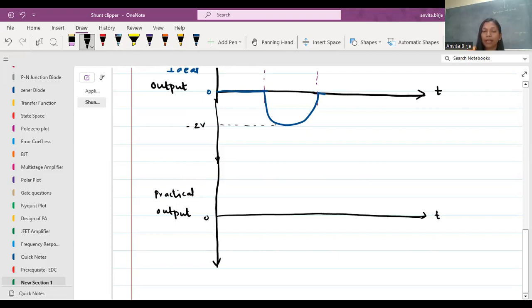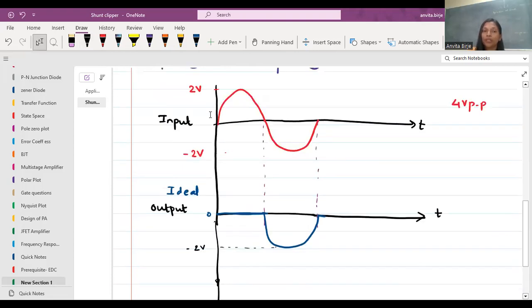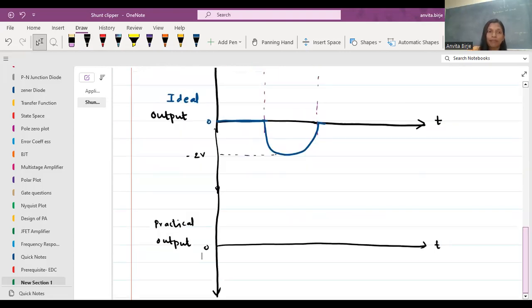what will happen with the practical diode? During the positive half cycle, we'll get a voltage drop of 0.7. This voltage is 0.7 volt, and during the negative half cycle, we'll get the same as the input signal.